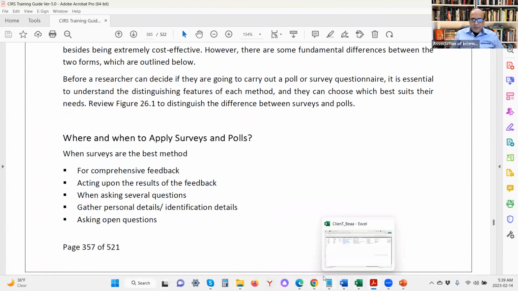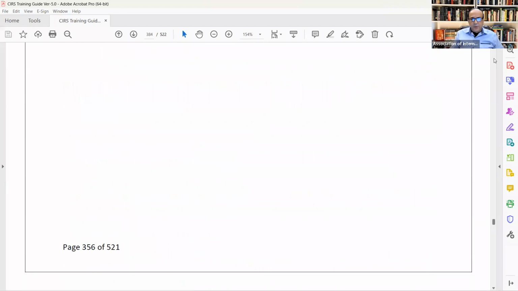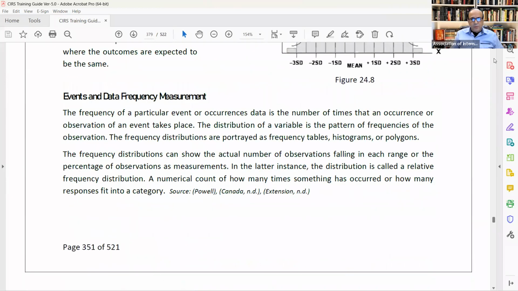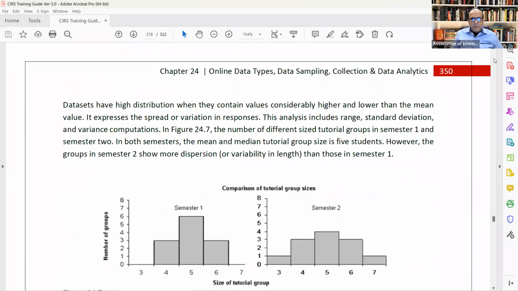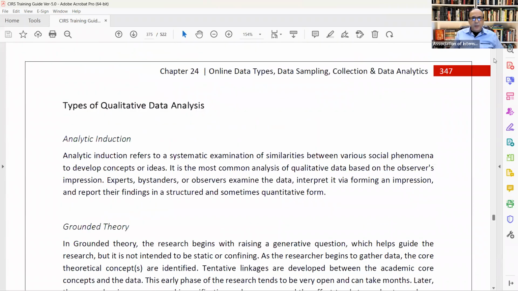Now we have to look at the last leg of research methods that has to do with analytics. I would be using the book again and show you the quantitative research method.